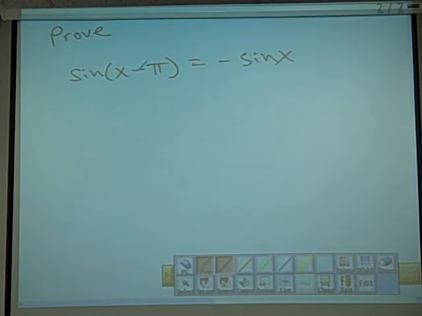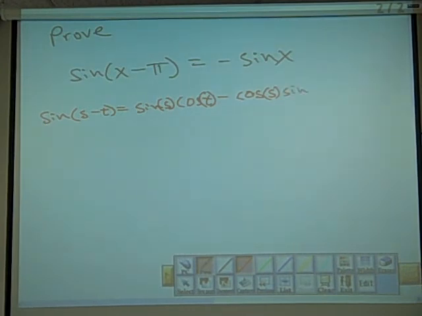Okay, so we want to use our difference equation for sine. And so we know that sine s minus t is sine s cosine t minus cosine s sine t.